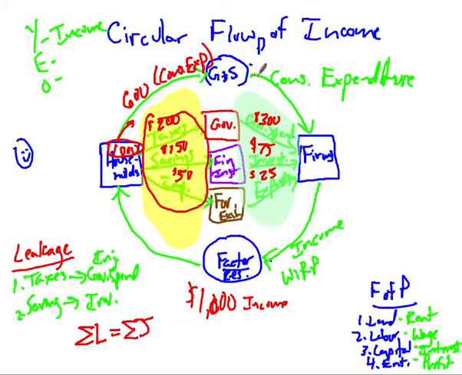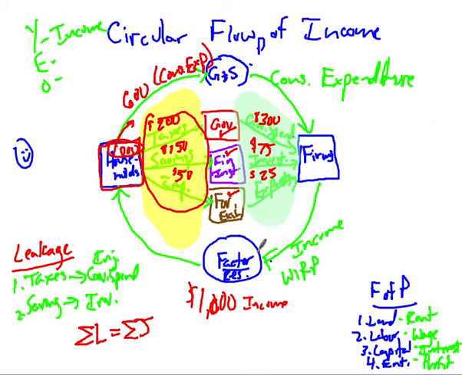So we got 600 coming off here, then we had 400 peeling off into the leakages through either the government sector, the financial institutions, or the foreign exchange, or the global market, and that money comes back through to the firms, and that would give us our total consumption, our total expenditure. Now what I want you to see here is here's the households with $1,000.